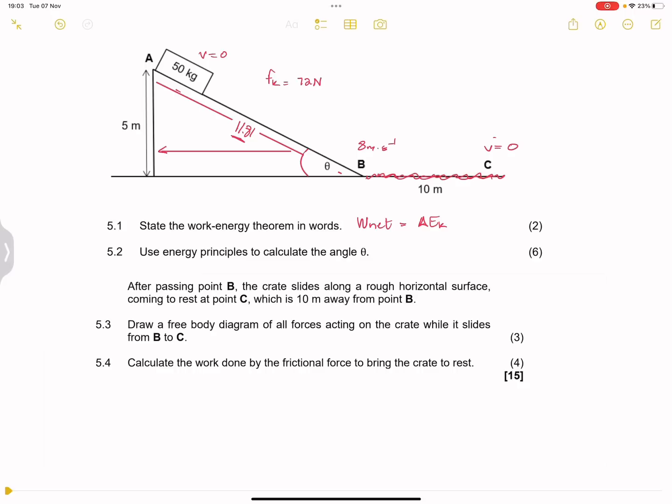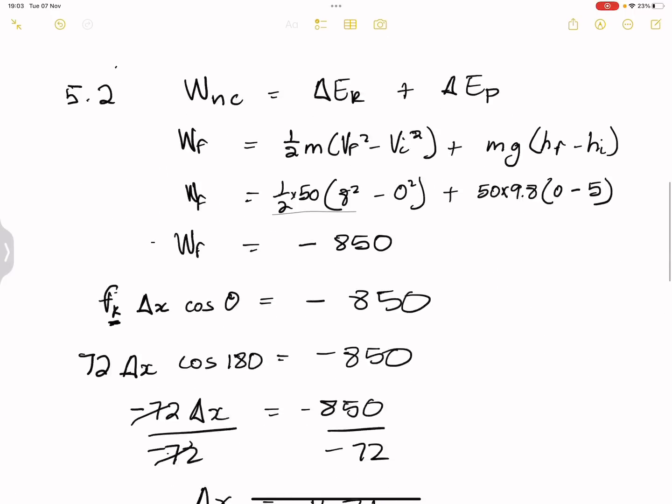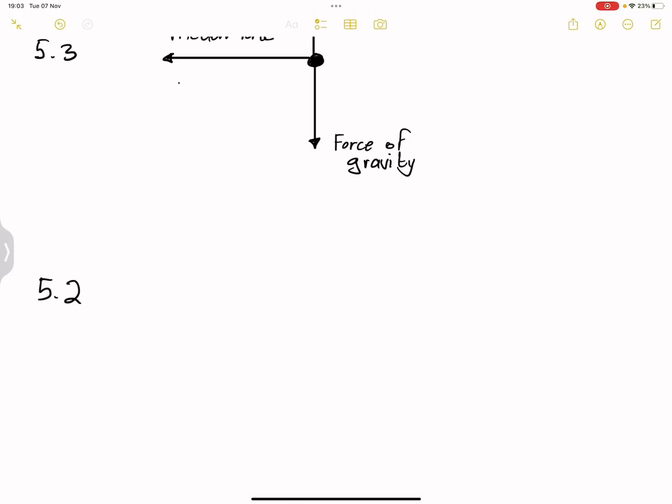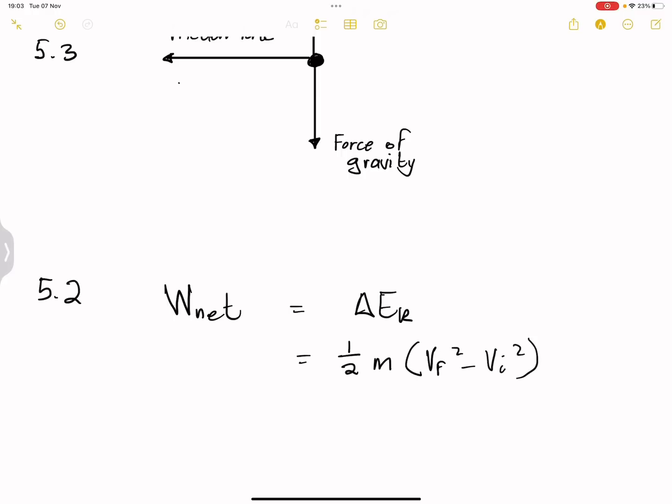So it moved from 8 meters per second all the way until it became 0. So we can say the net work done is equal to the change in kinetic energy, right? Now, what was that change in kinetic energy? It's half the mass times final velocity squared minus initial velocity squared, right? So this would be half of 50 times our final velocity was 0, our initial velocity was 8, okay?